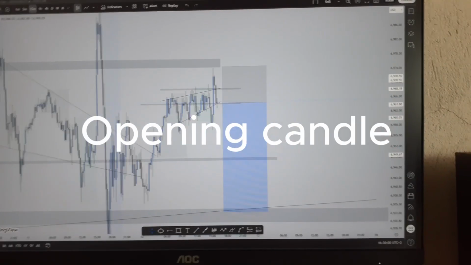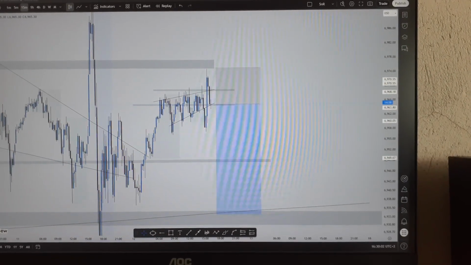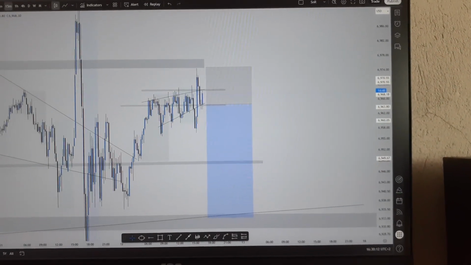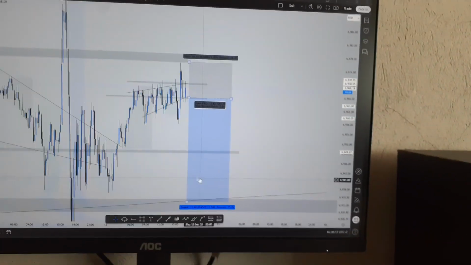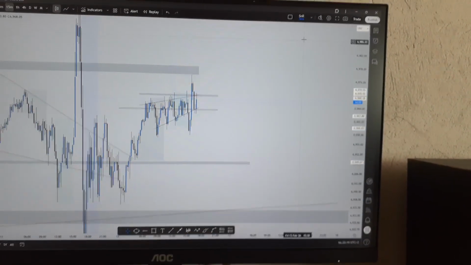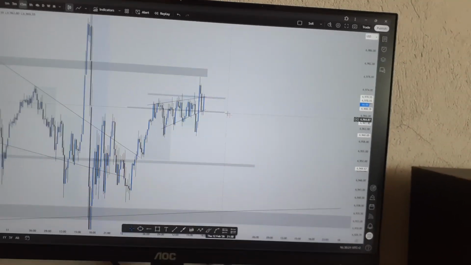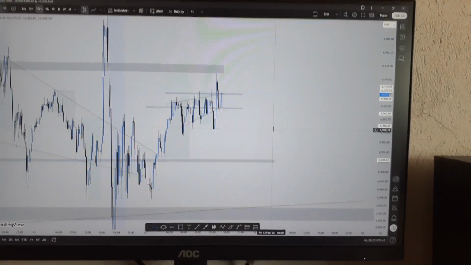So here goes the 4:30 candle. It's gonna be a lot of volatility, so we're gonna see. I'm not yet decided on the direction. I'm waiting to see how the candle is gonna close.